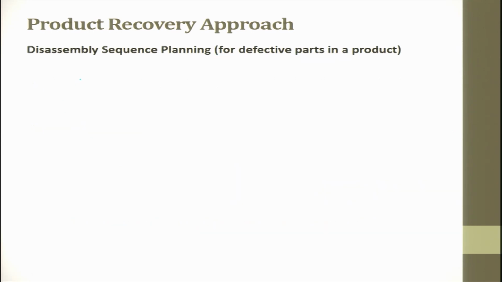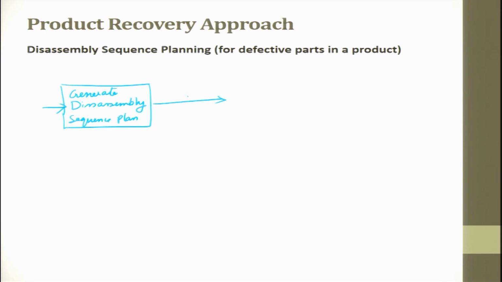So, when we try to draw a schematic diagram for disassembly sequence planning for defective products, first we generate the disassembly sequence plan. How are we going to remove? Next, it is going to be the DSP, disassembly sequence plan, for performing disassembly.